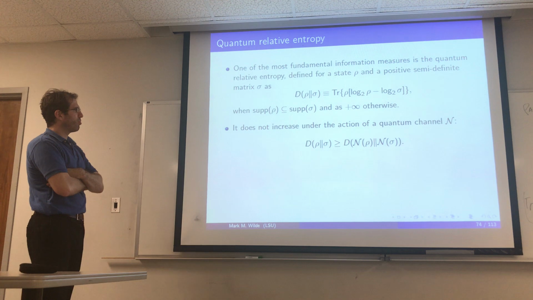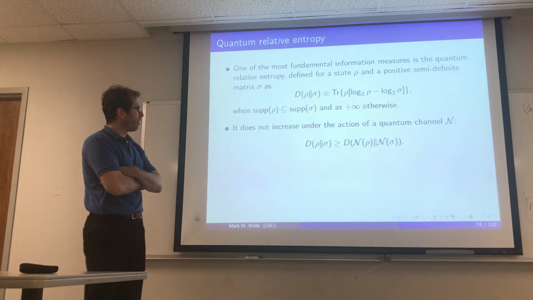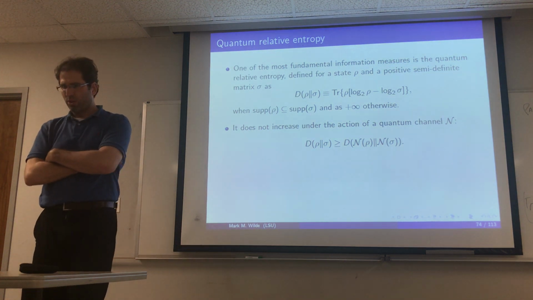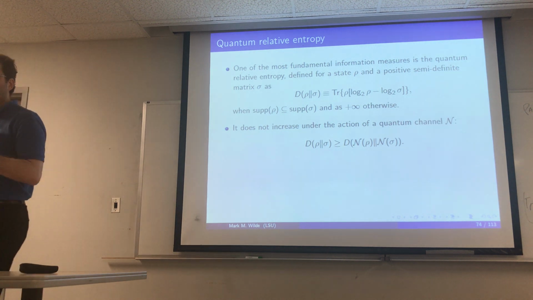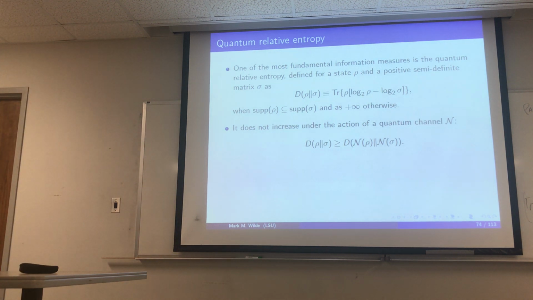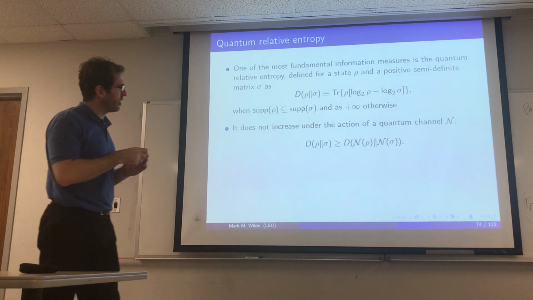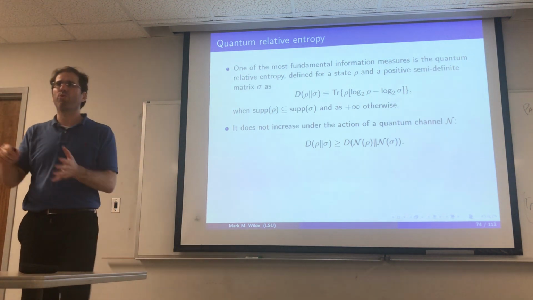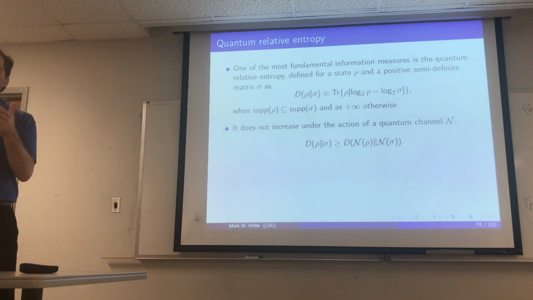It's an experiment where you're trying to distinguish rho from sigma if you have many independent copies of the state rho and sigma. If you have many quantum systems that are each prepared in the state rho or the state sigma, and then you're trying to figure out which state it was prepared in.